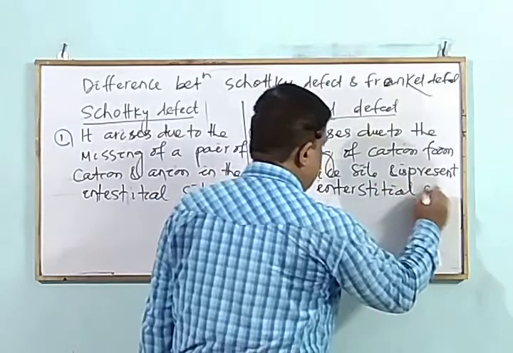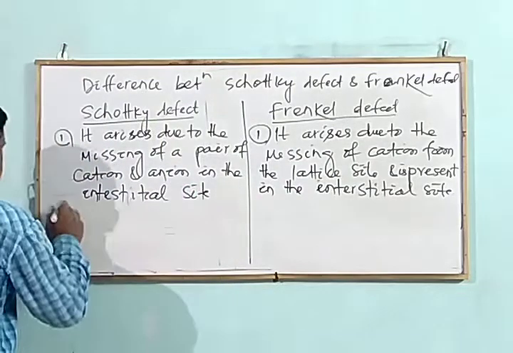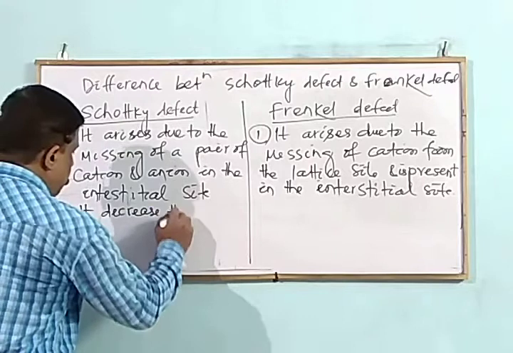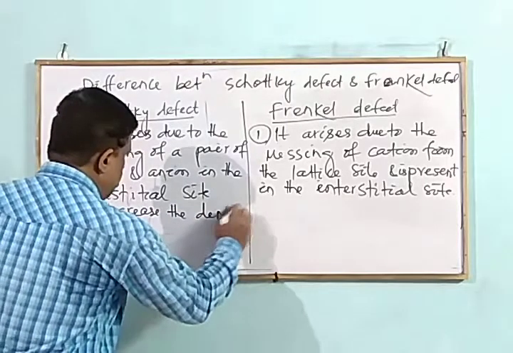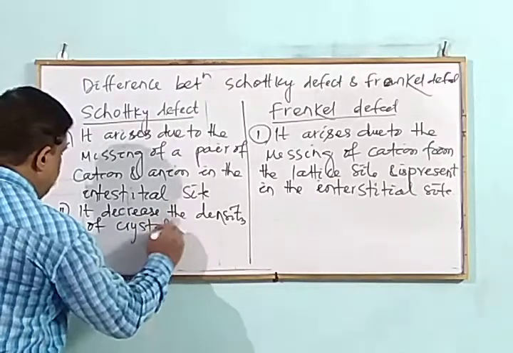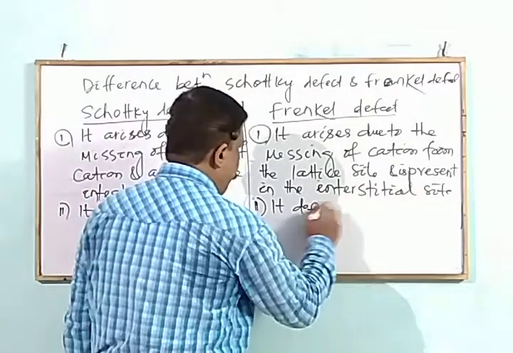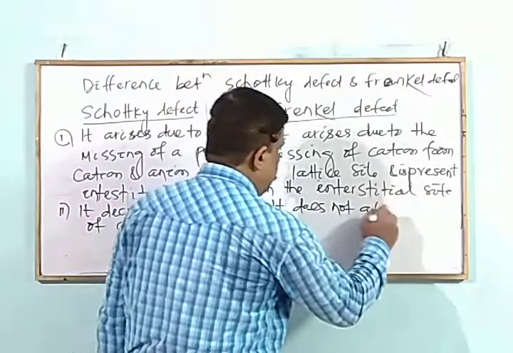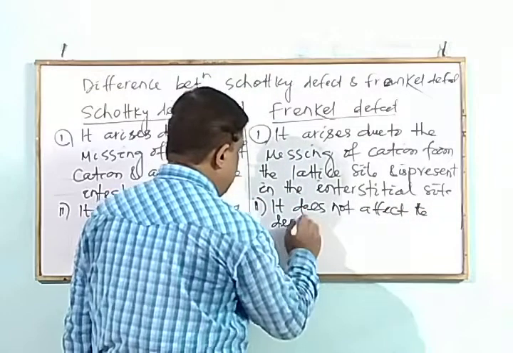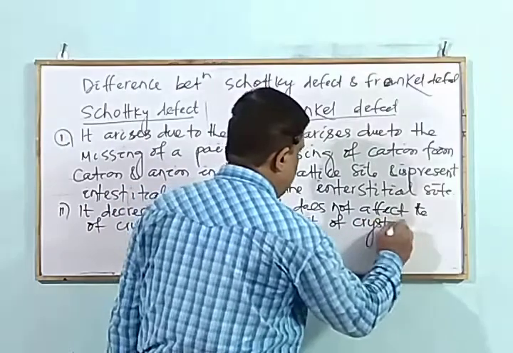Interstitial site. Point 2. It decreases the density of the crystal. Point 2. It does not affect the density of the crystal.